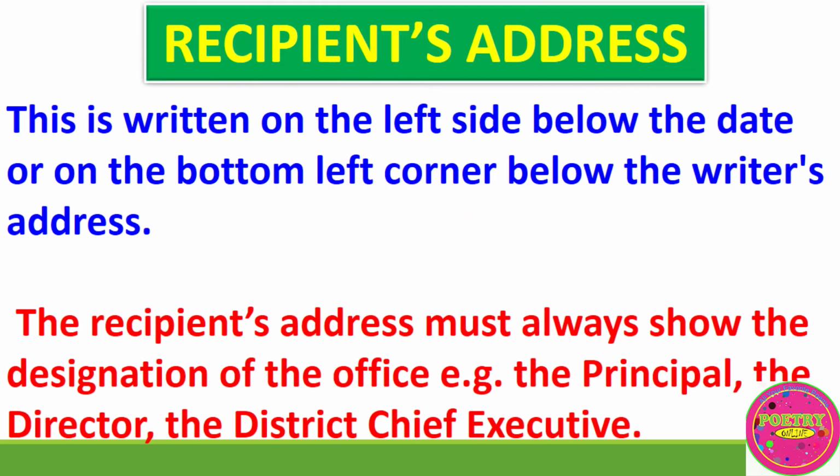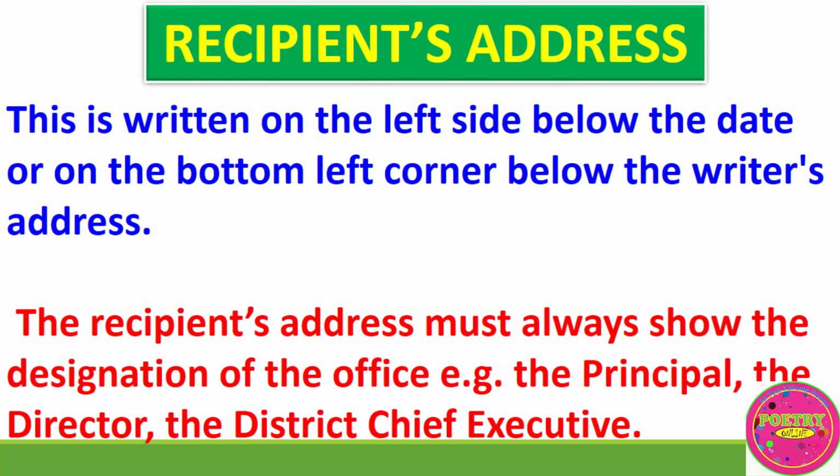Let's now talk about how to write the recipient's address. This is written on the left side below the date or the bottom left corner below the writer's address. It should come below the date of the sender's address, and it displays at the left-hand corner of your sheet of paper. The recipient's address must always show the designation of the office.